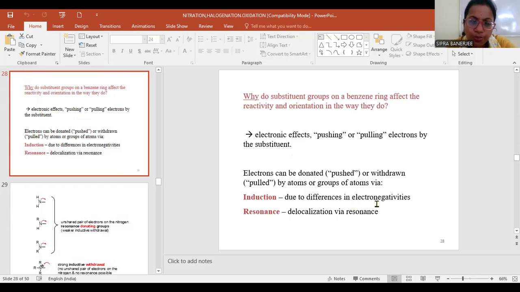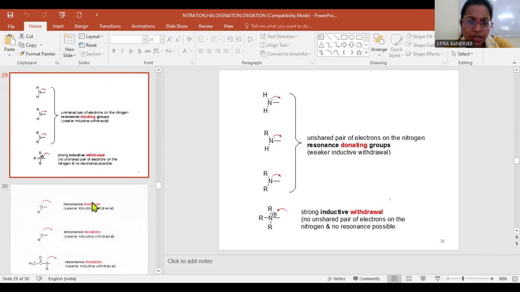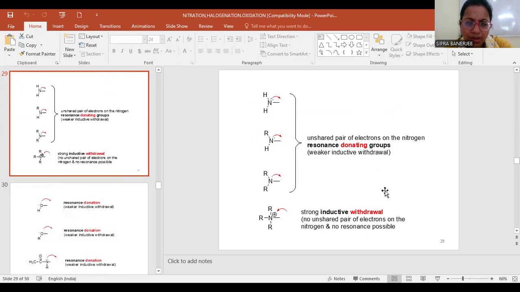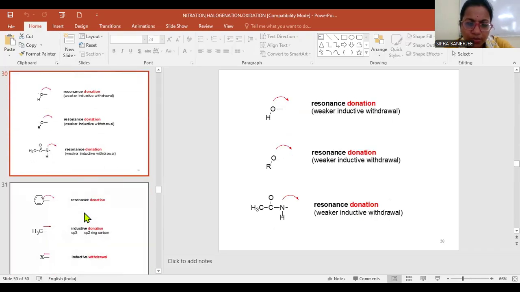Electrons can be donated, pushed, or withdrawn by the atoms or groups of atoms, and there will be some induction. Due to difference in electronegativity, there will be induction, and there will be a resonance, delocalization of the pi electrons via resonance. See, donating groups form some delocalization.